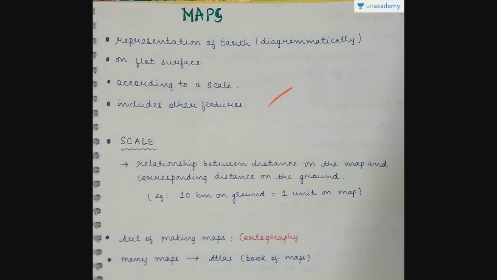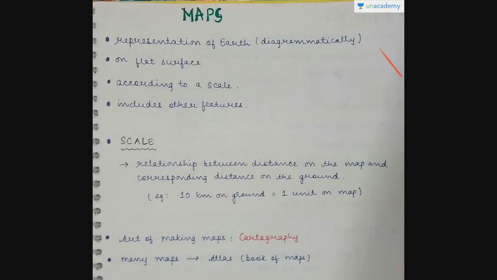This is the relationship between distance on the map and distance in reality. Suppose on a map you show the distance between this city and this city as 1 kilometer. But in reality, it is not necessary that the distance between these two cities will be 1 kilometer only. Why?